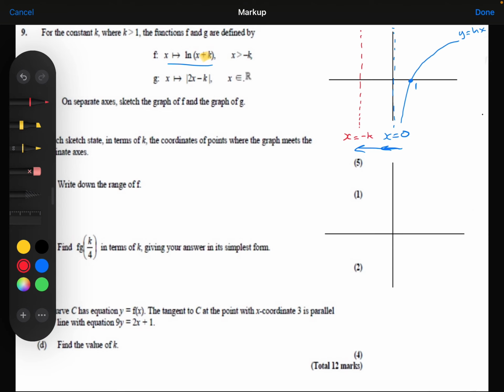It's now going to cut through roughly here at 1 minus k. I do know that the point 1 will go past the y-axis because I was told that k is greater than 1. And therefore my graph is going to look something like this.